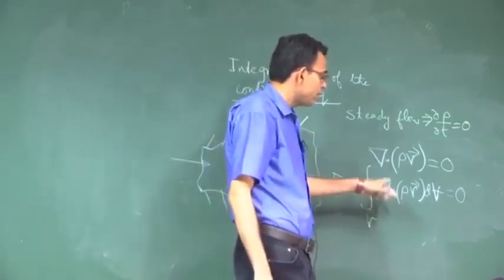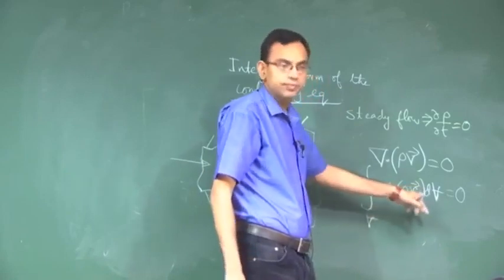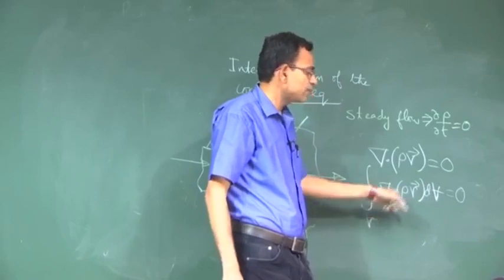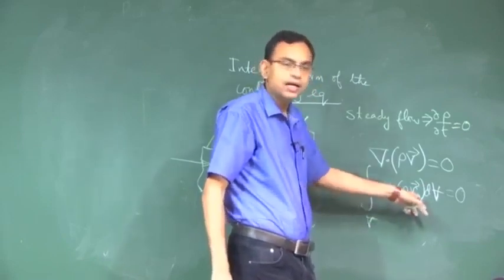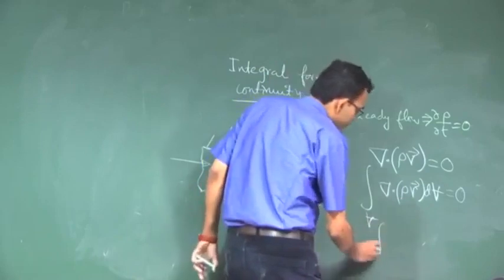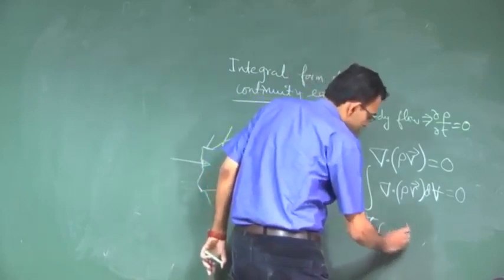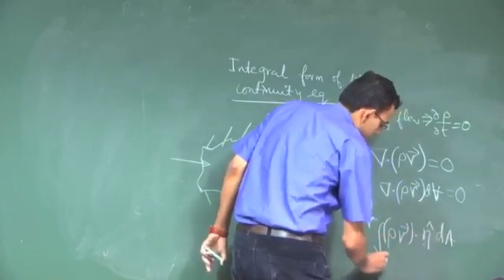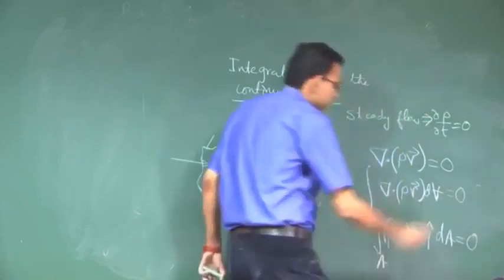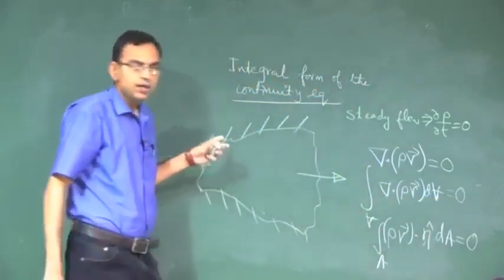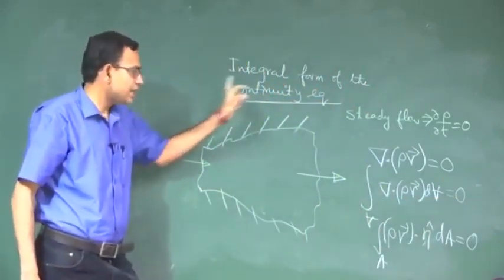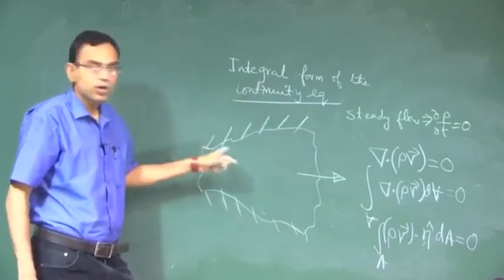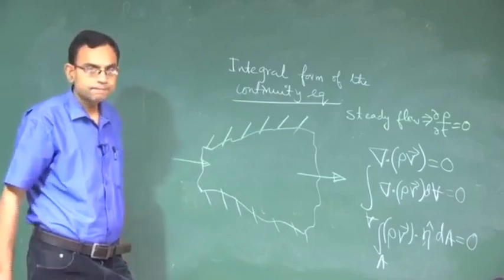Now we will use the divergence theorem to convert this volume integral into an area integral, where A is a closed area that is surrounding the volume V.